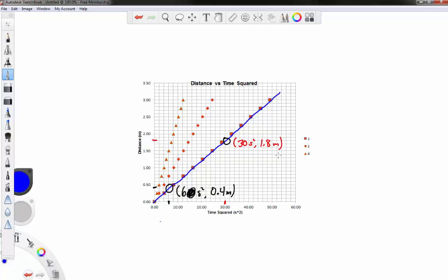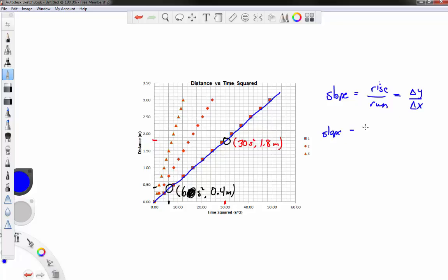So if I want to find the slope for the line, slope is equal to rise divided by run. So the rise in this case is the difference between the y's, the run is the difference between the x's. So delta y over delta x.